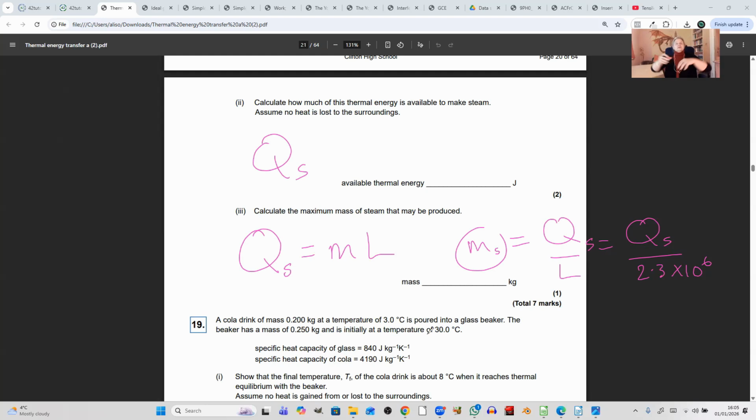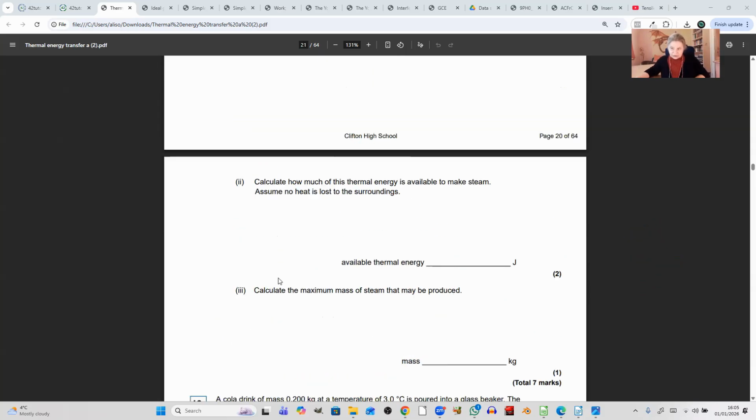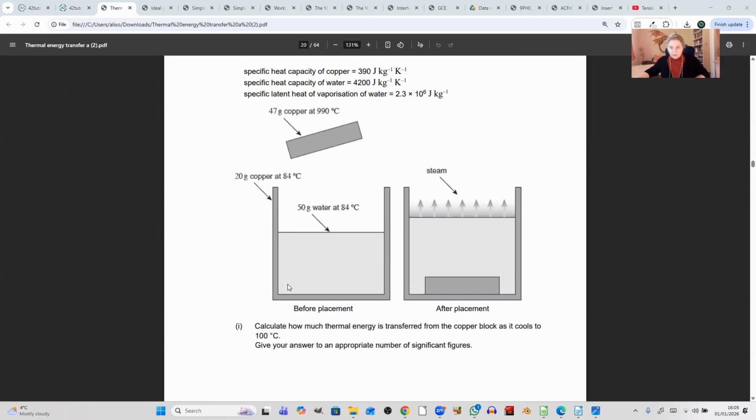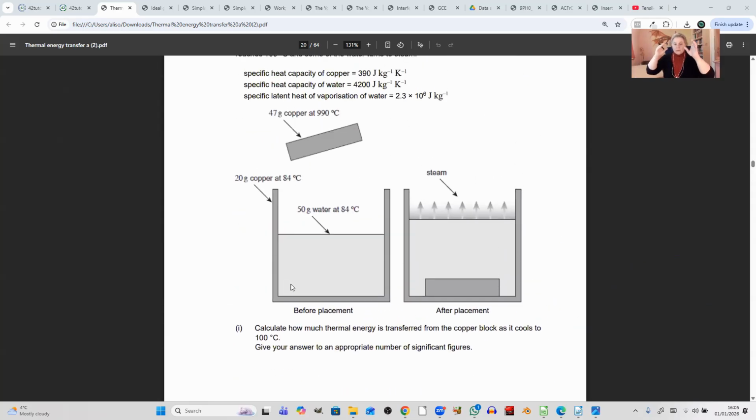Okay, can you see how difficult these heat questions are? You have to include everything. In this particular one, the thing that makes it hard is the fact that there's a can there. So it's an extra thing. So we've got things changing temperature and things changing state.